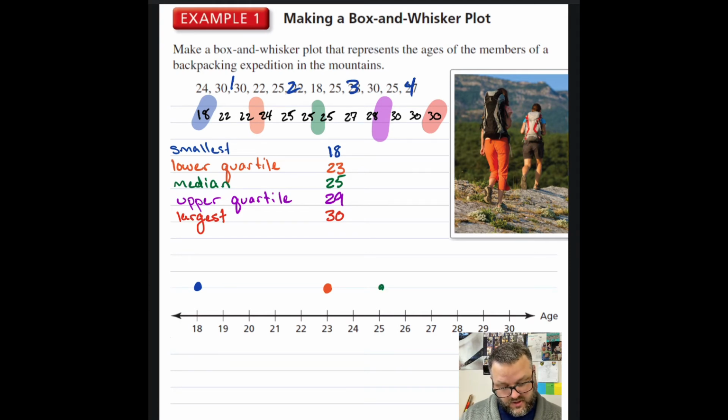Well, here's our median. That was our third point. That wasn't nearly as large as the last one. All right, so then we go to 29. That's closer to the first one. But then our last number is 30. Those are pretty darn close to each other.